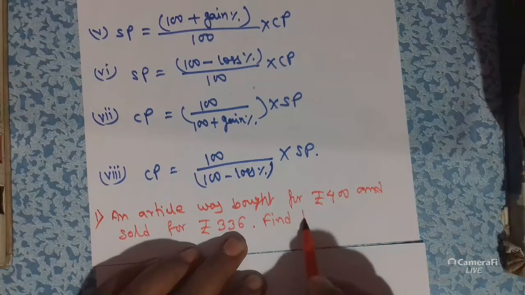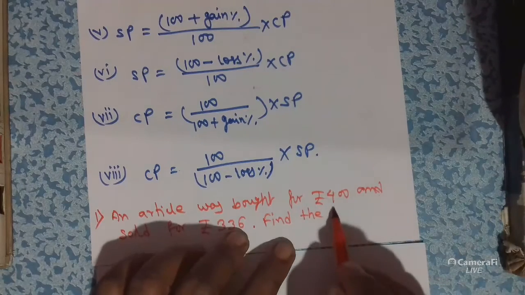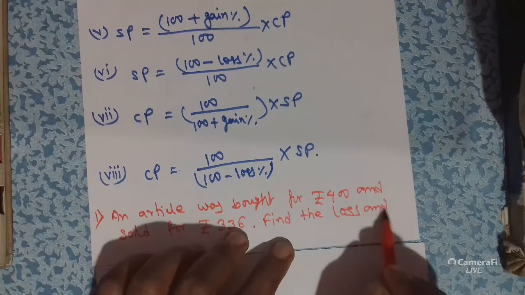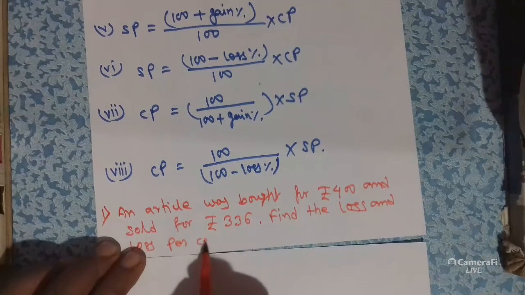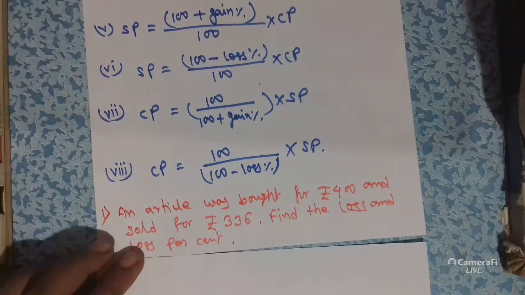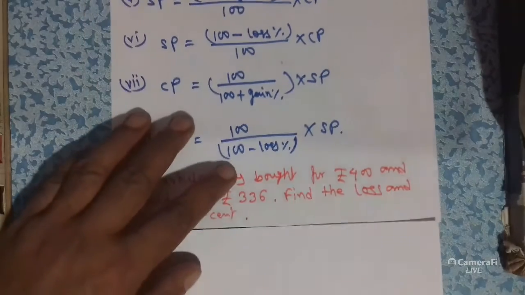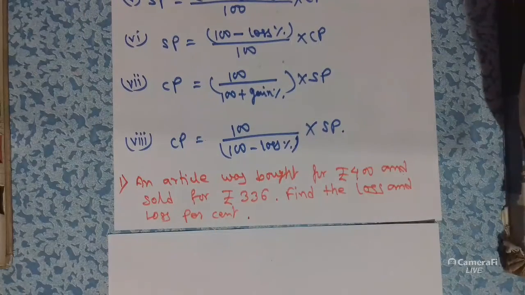Find the loss and loss percent. I read it again. An article was bought for rupees 400 and sold for rupees 336. Find the loss and loss percent.